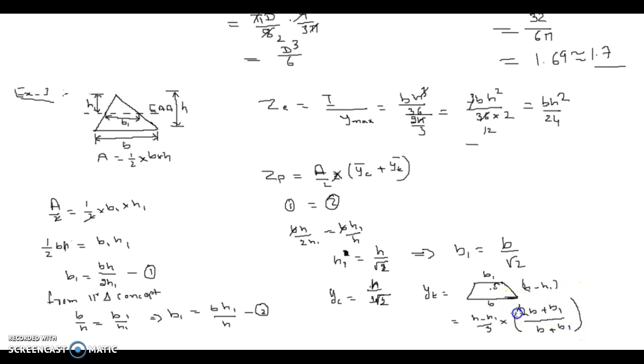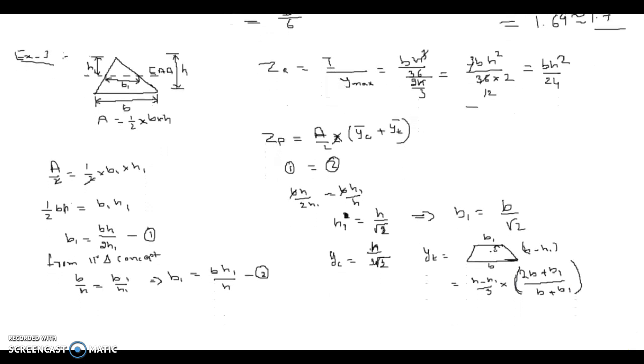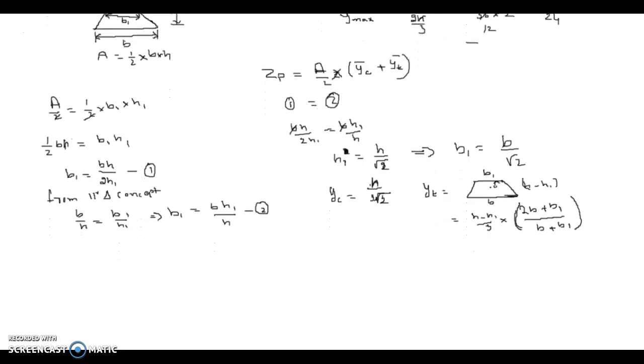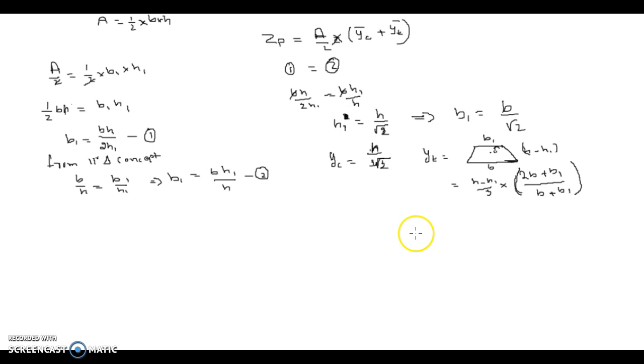So this is the formula we have. Okay, if I substitute here, so this is what I am going to get. What is h1? h1 is equal to h by root 2, right?